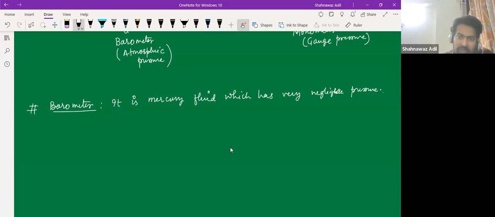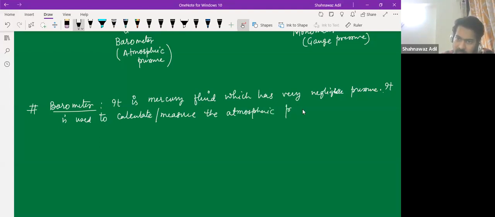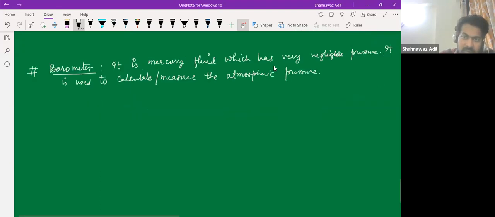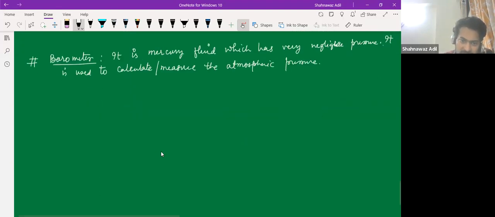It is used to calculate or measure the atmospheric pressure. So how do we measure the atmospheric pressure?